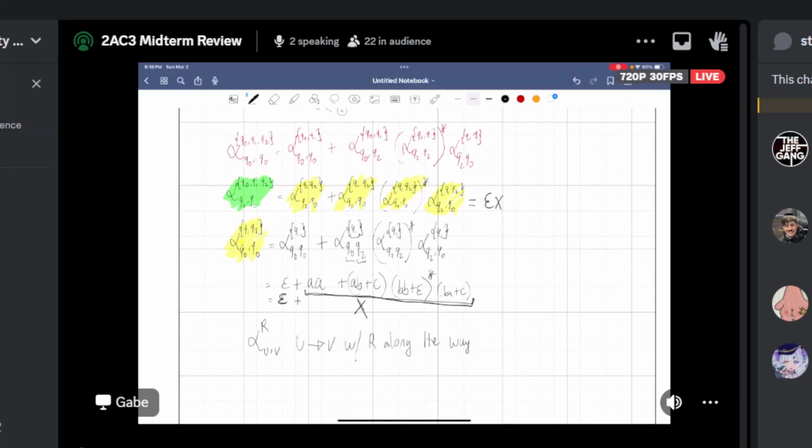So epsilon X, this is for this, plus epsilon plus X for that one, then epsilon plus X starred for this one, and then epsilon plus X, which actually just simplifies to X star.